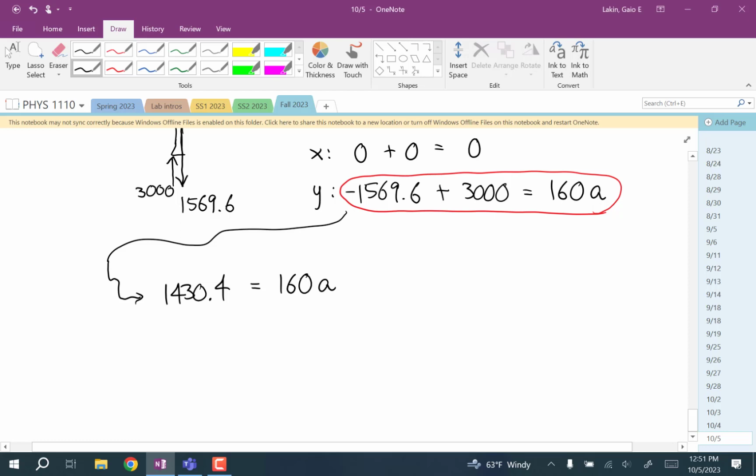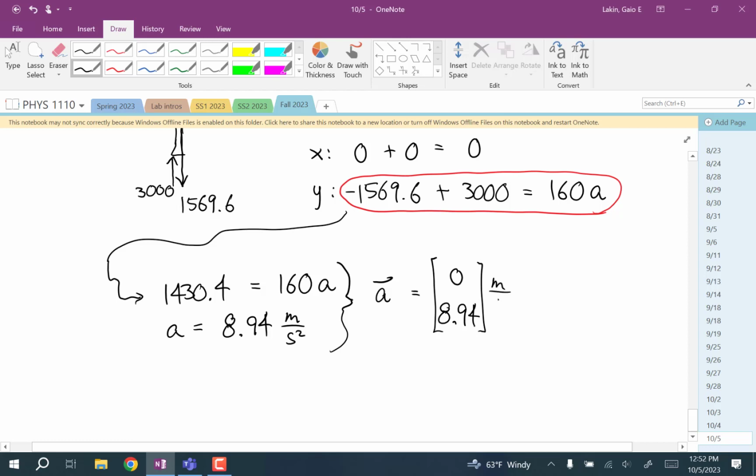Could you do that for me? 8.94 meters per second squared. Plug that back into the acceleration vector, and you get an acceleration vector of 0, 8.94. Or, they're going to accelerate up at 8.94.